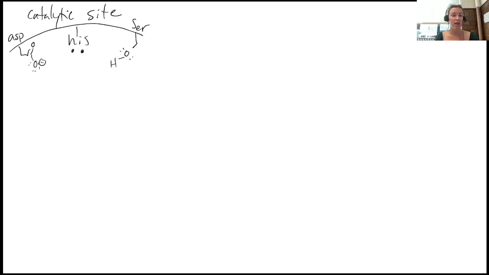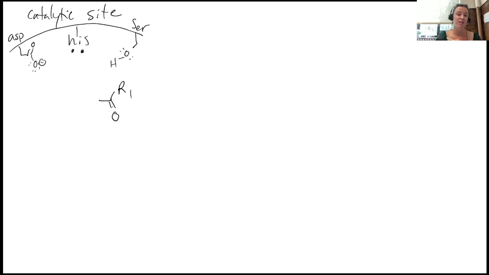So let's bring in our substrate. Serine protease's substrate is a protein. So I'm going to simplify this peptide, folks. I'm going to start the string of the peptide with R1, just assume that to be a bunch of the other bits of the peptide.